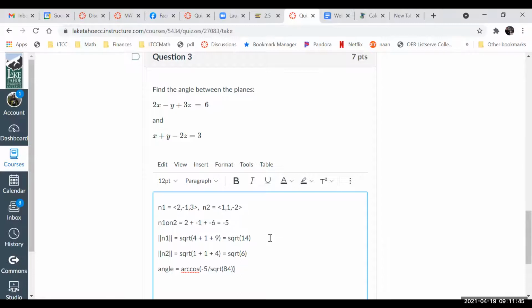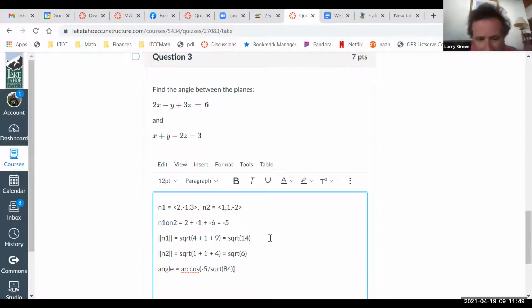Yeah, I just gave both in this case. But in this case, my guess is it might be acute anyway. Because if you take the square root of 84, that's a little more than 9, and 5/9 is close to half, and you're going to get an acute angle on that one.